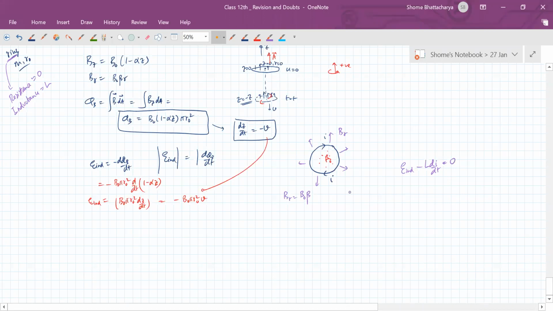Now E induced is in the clockwise direction, so we'll just take it in magnitude, and current is also in the clockwise direction. So this will become B naught pi R naught square V plus L di by dt is equal to 0. This is the KVL equation, loop equation. So Ashwin, this is clear now?